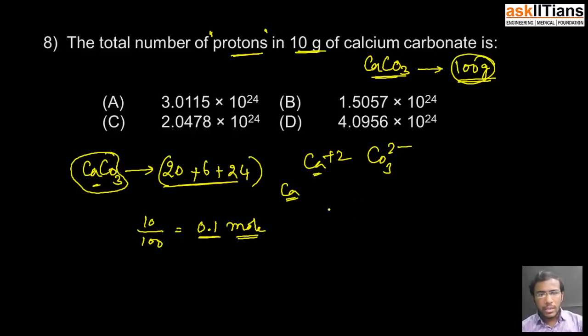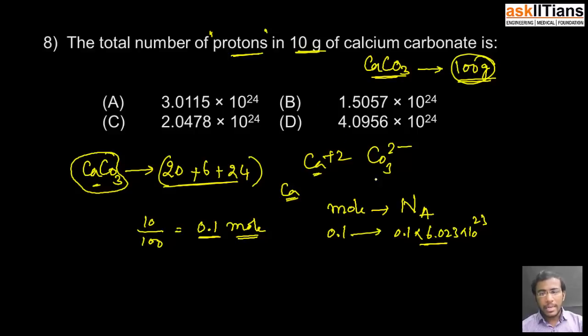And we know that in 1 mole we have Avogadro number of CaCO3 units. In 0.1 mole, how many molecules of CaCO3 are present? It is simply 0.1 into 6.023 into 10 power 23.